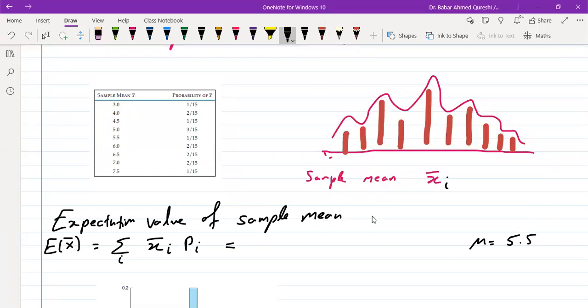You have to use this formula. So all you're doing is this. From this data, 3 into 1 by 15 plus 4 into 2 by 15 plus 4.5 into 1 by 15 plus 5 into 3 by 15 and so on.